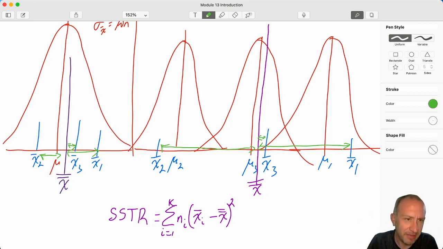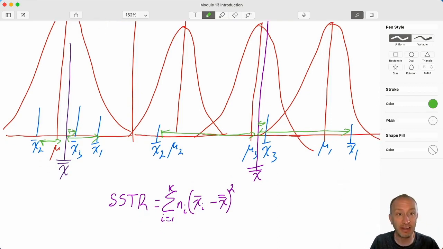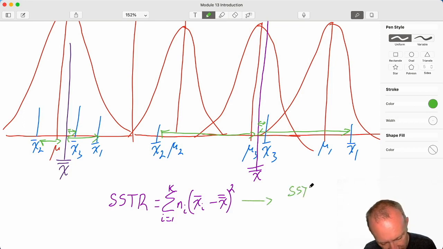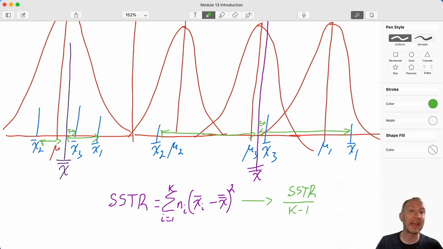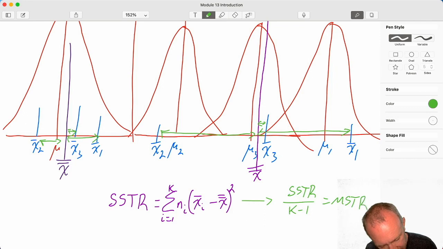So SSTR, the sum of squares due to treatment, is a component of the calculation of population variance based on the variation between treatments. This is sometimes called the between treatment source of variation. When we divide SSTR by its degrees of freedom, which is k minus 1, where k is the number of samples that we have, this is MSTR, mean square due to treatments.